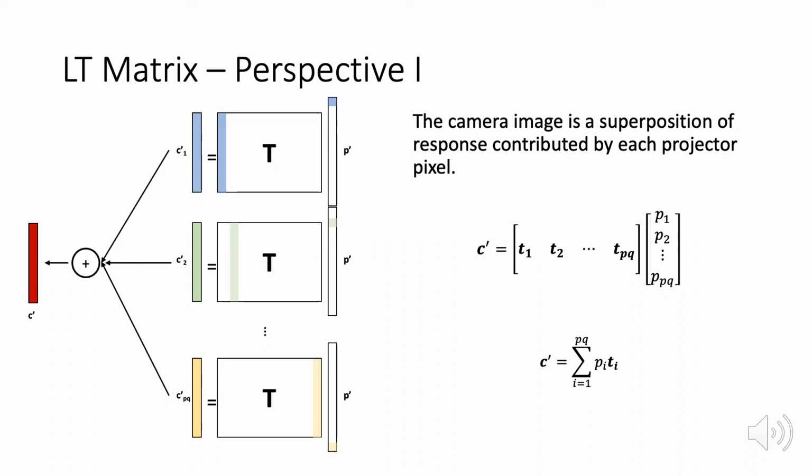Once we get all these contributions, we sum them up together to get the final image. You can see that we use linearity to get the separate contributions, and we sum them up due to the superposition principle. In conclusion, the final camera response is a linear combination of the columns in the light transport matrix.